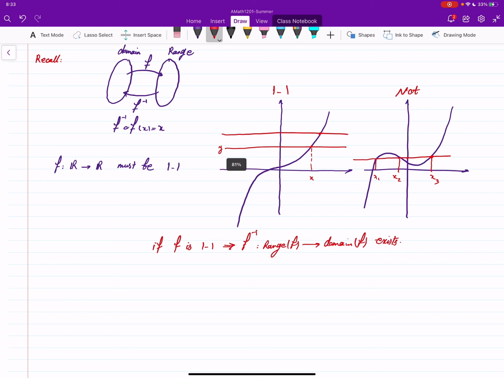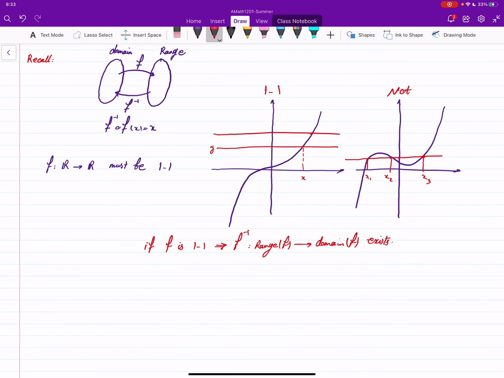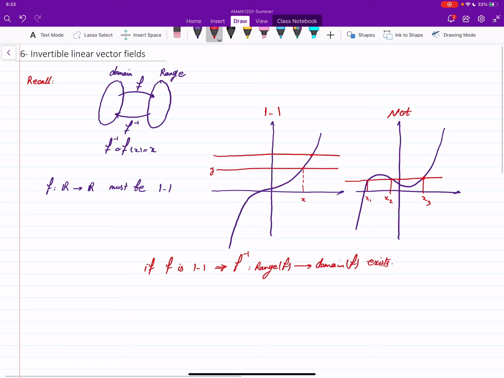Well, this is the general theory for all functions, for any sets that you have. Specifically, we deal with this issue in calculus, sine inverse, tan inverse, all those things where we found a one-to-oneness domain, and then we were able to define the inverse.